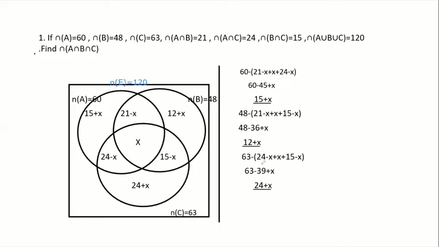So when we open up our brackets, we shall end up with 63 minus 39 plus x, ending up with 24 plus x.